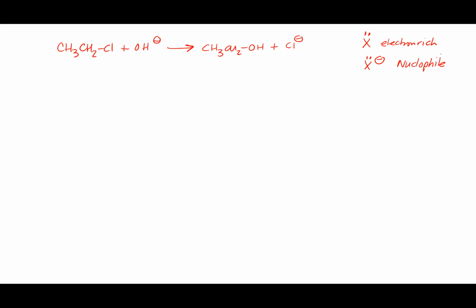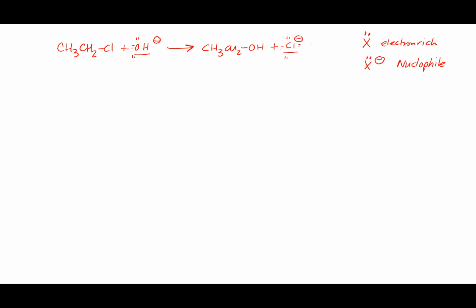So those are nucleophiles. So these two, the hydroxide and the chloride, and if I wrote out the Lewis dot structures for each, chloride would have 4 pairs of electrons around it, oxygen would have 3. These are nucleophiles.